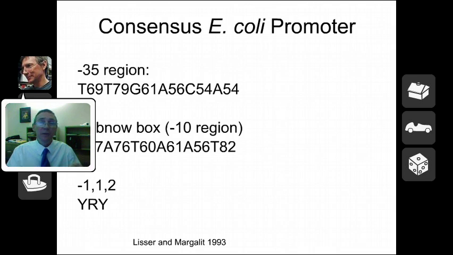So not that many promoters will differ by more than 2 or 3 nucleotides from the consensus promoter. However, different ones would have different ones that vary. Finally, down here at the bottom, of course, you have YRY. Minus 1 is Y, 1 is R, 2 is Y. So pyrimidine, purine, pyrimidine, right around the start point of transcription.